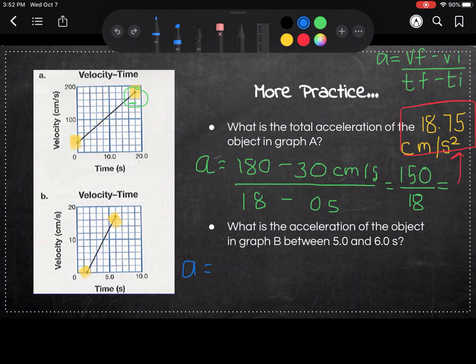That's 10, that's 12, 14, 16, 17, I would say. So our velocity final is 17 centimeters per second, and then our initial velocity is 0 because it's right on the 0 line.